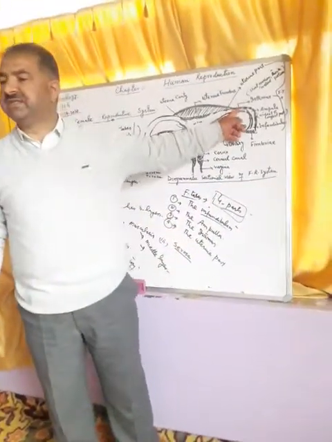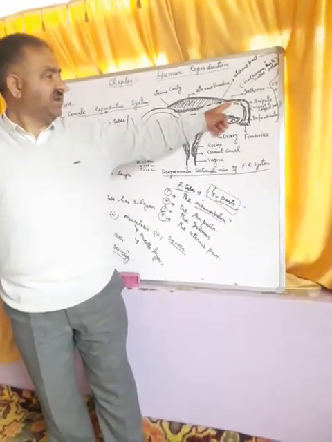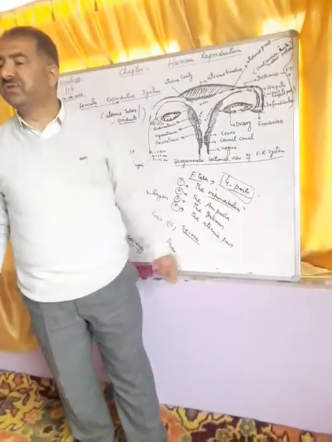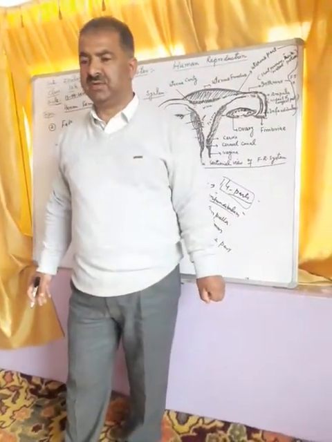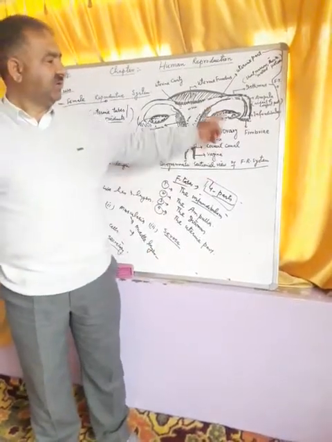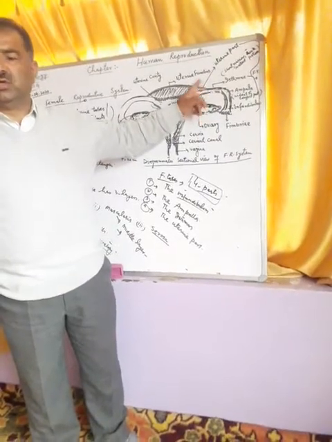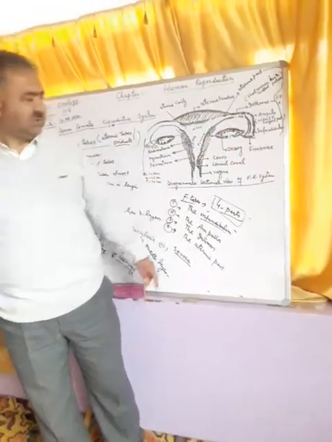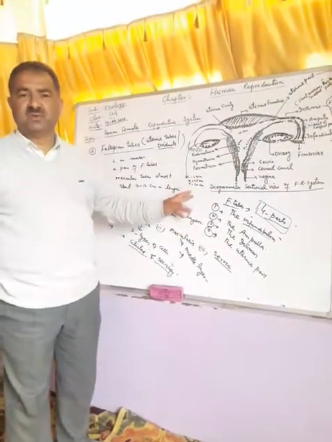The uterine part controls the passage of ova through muscular movement. This was about the parts of the fallopian tube.